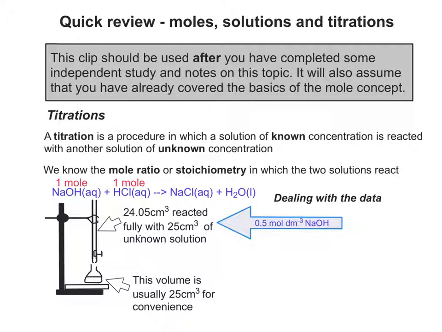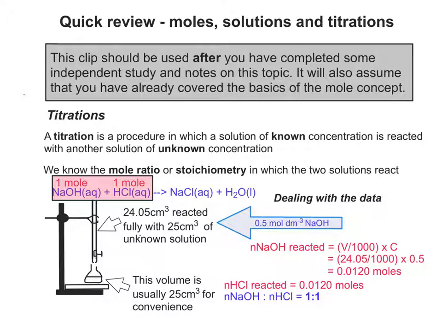So let's assume our standard solution was 0.5 moles per decimeter to the -3 NaOH. So the number of moles of NaOH reacted is V over 1000 times C, which gives us 0.0120 moles. Notice I'm writing it out in 3 significant figures.